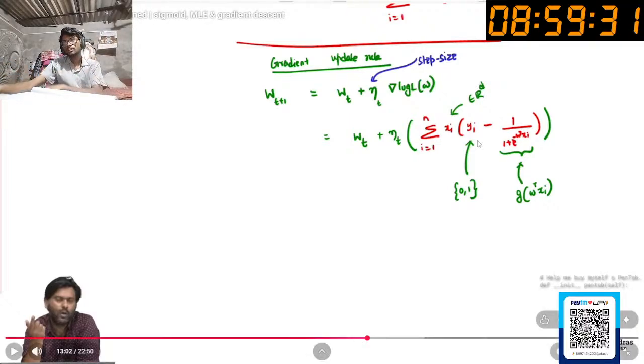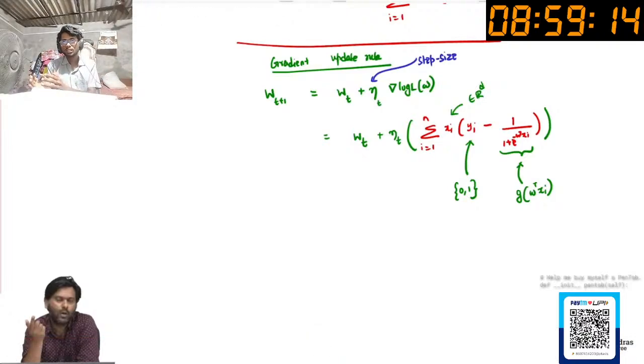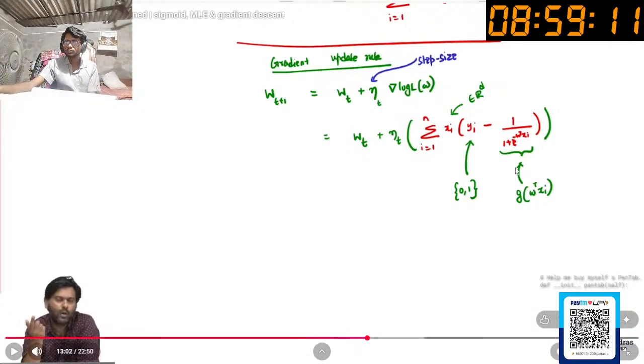You can think this yi will be either 0 or 1, and this will take a value from 0 to 1. So it is either 0 or 1, but this is from 0 to 1.